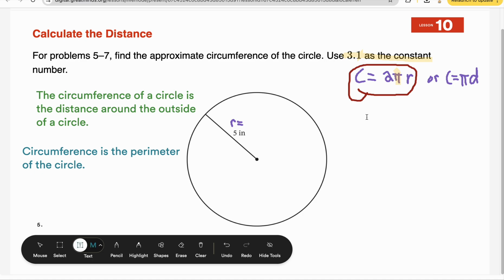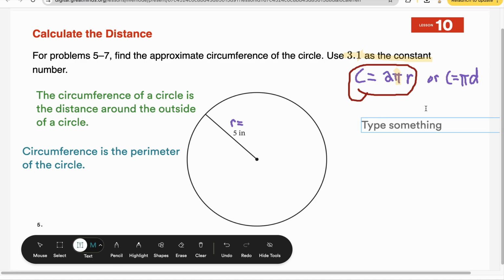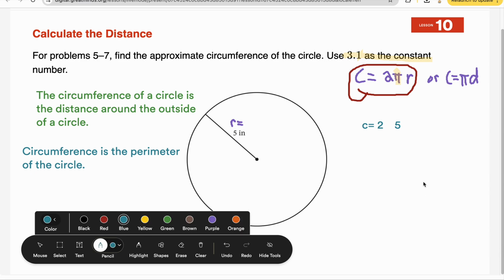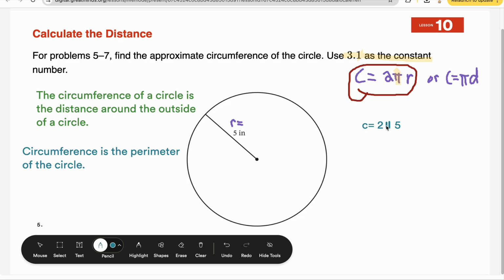So what we're doing then is we're going to say, okay, we're trying to find the circumference. So circumference is equal to 2 times pi times the radius, which is 5. So 2 times pi times 5.